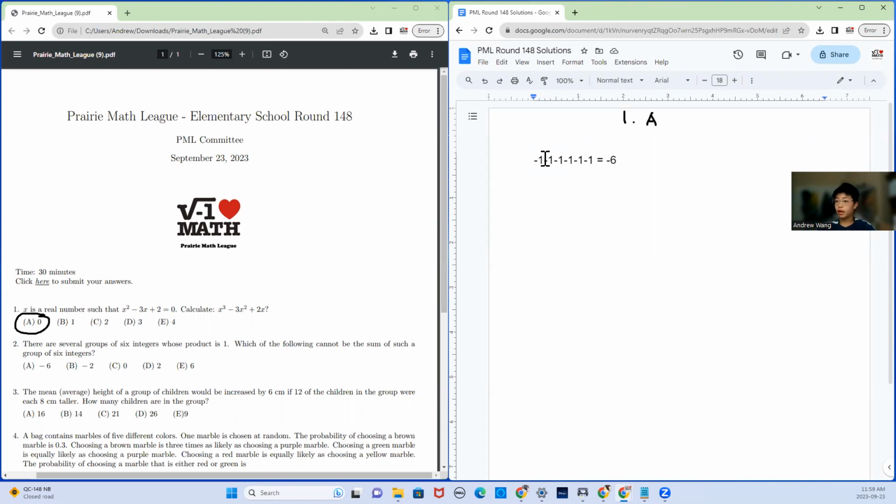And since all we have are ones here, of the 6 integers, the product will always be 1. We're just looking at the difference of the signs. So we have to remember this: an even number of negatives will equal a positive product. This is only when we are multiplying. Keep that in mind.